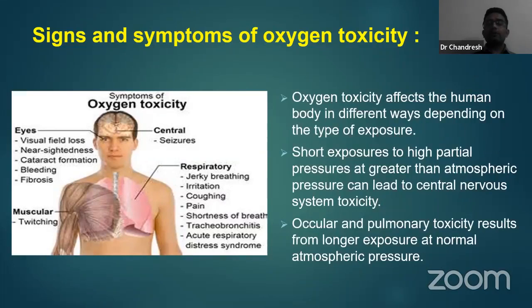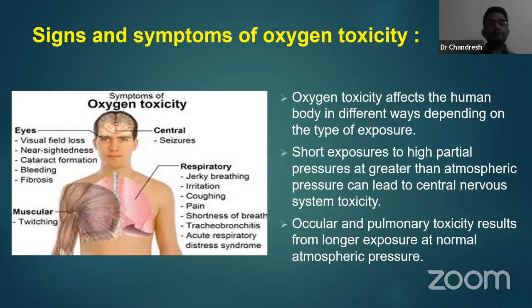If a patient received continuous long exposure at normal atmospheric pressure, then this kind of patient can have ocular or pulmonary toxicity. There may be visual field loss, nearsightedness, or cataract formation in a patient who uses low oxygen support for a longer duration at normal atmospheric pressure. A patient can also have tracheobronchitis, or can go into acute respiratory distress syndrome as well.